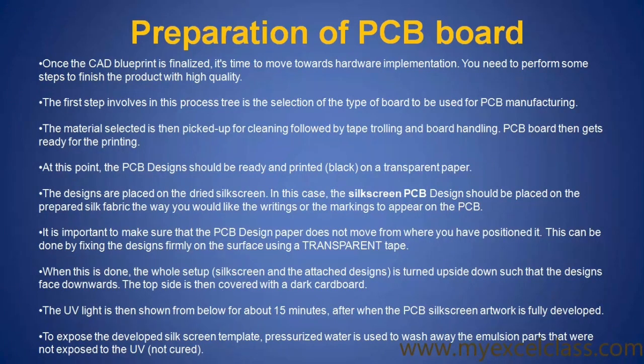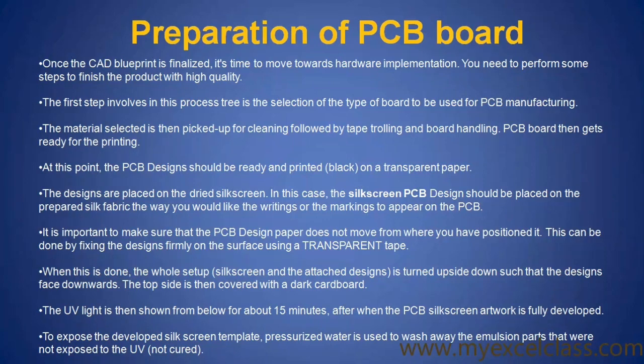When this is done, the whole setup, the silk screen and the attached designs, meaning your layout, is one layer. The silk screen is another layer. Step by step, the layers are attached to each other by this transparent tape with respect to this cardboard.